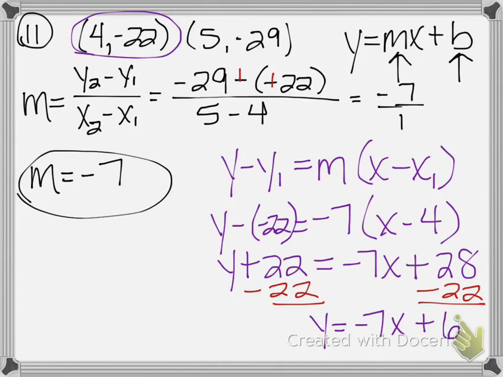So let me check the answer. Yes, we are good. So there is our answer. Negative 7x plus 6.